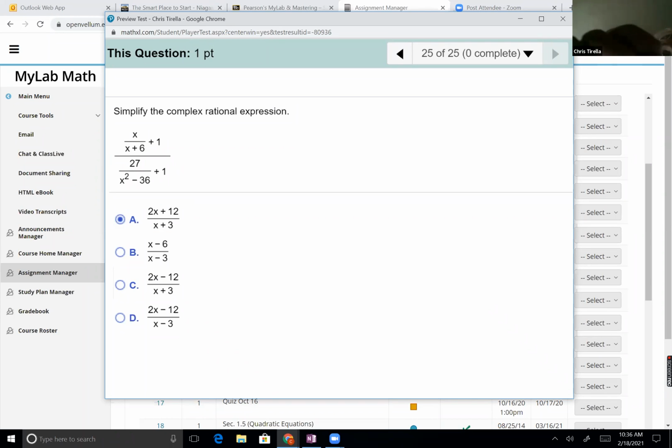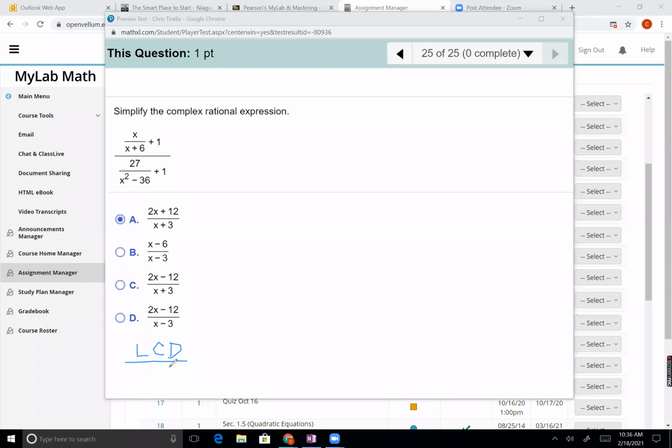What do you think we ought to do with this one first? Find the least common denominator. So you'd have to factor x squared minus 36.